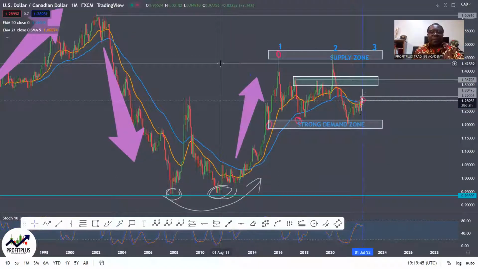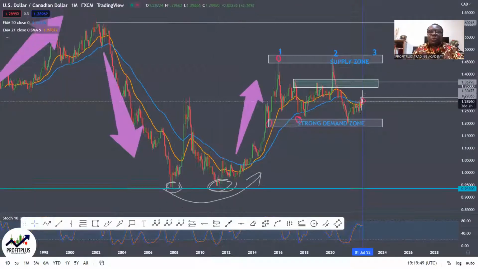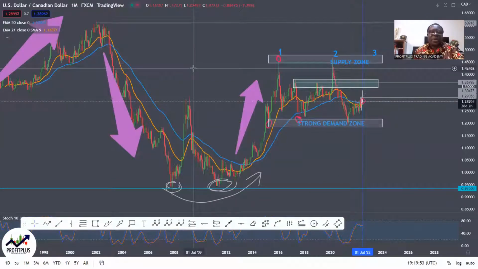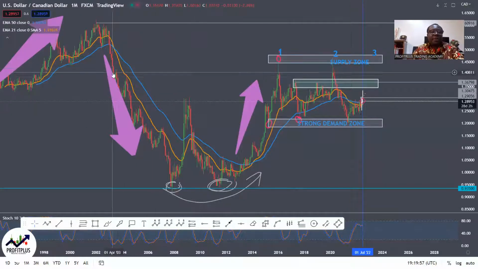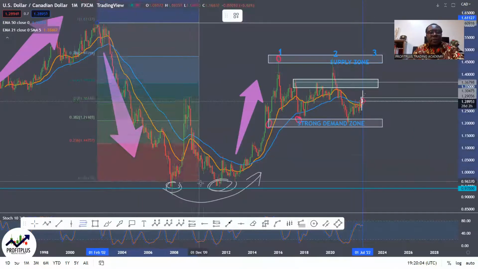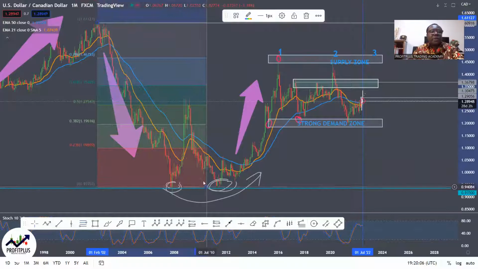Now we're going to be using the Fibonacci retracement tool to at least have an idea of levels where price corrections and turning points are located. So I'm going to use the Fibonacci retracement tool from the top to this low.